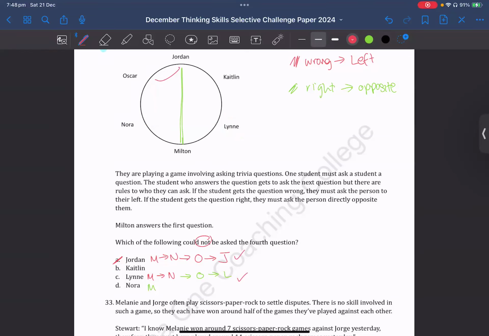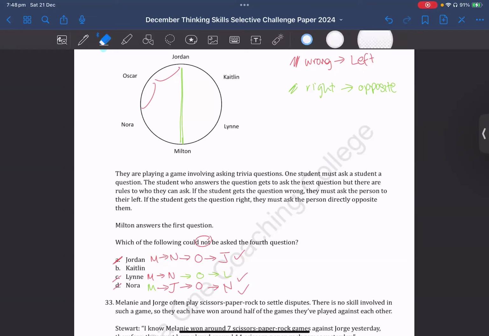And then after this, Milton, so we go to Jordan, who's wrong, and then we go to Oscar. Give me 1 second. Yep, so 1, 2, 3, yep, and then Nora could be wrong. So Oscar could be wrong, which leads to Nora. And that is how C and D work, and there's just no way to get B.